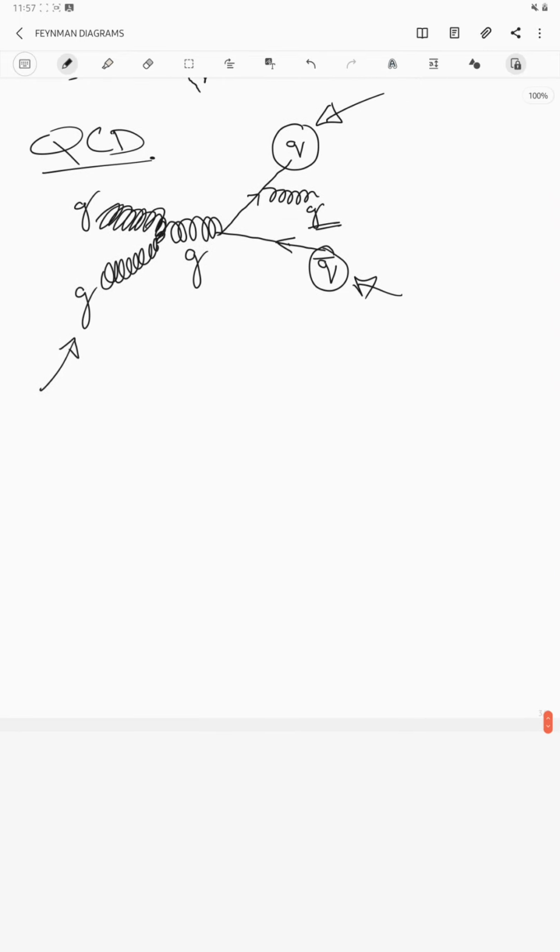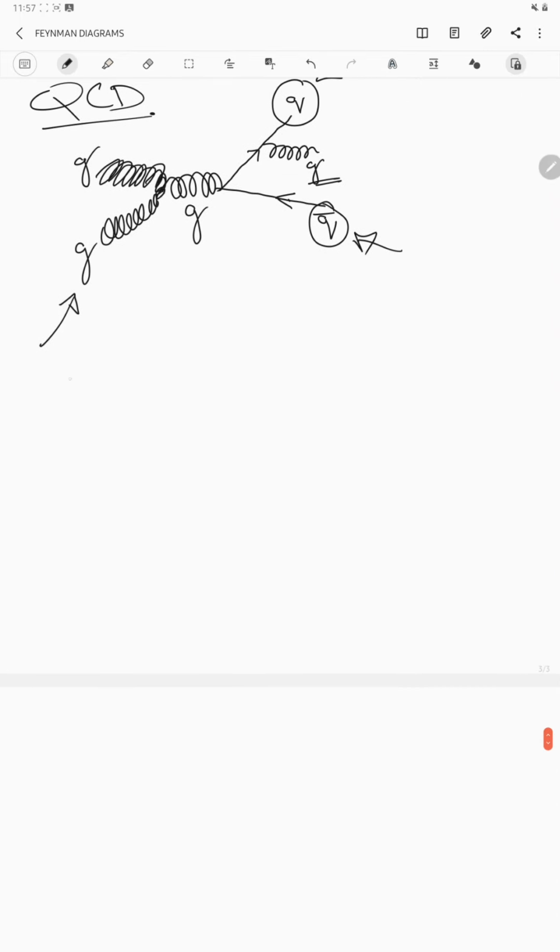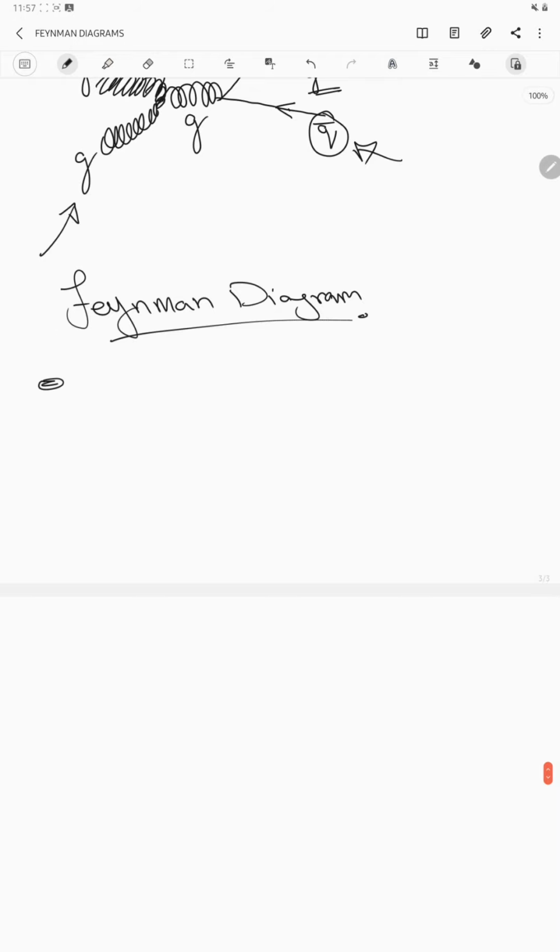So let's move on to stripping down a Feynman diagram. For a Feynman diagram, we have what are called external lines. Let me write it down very quickly.